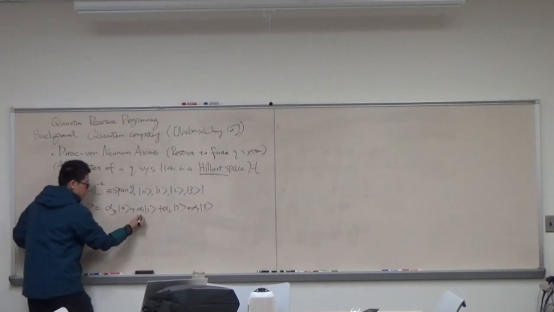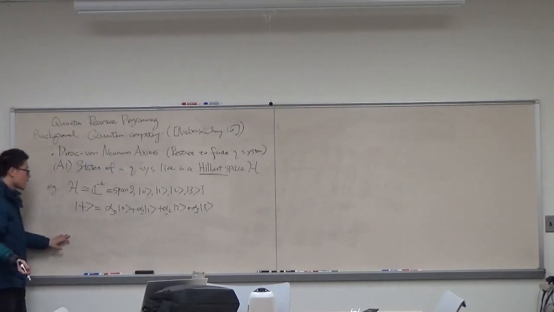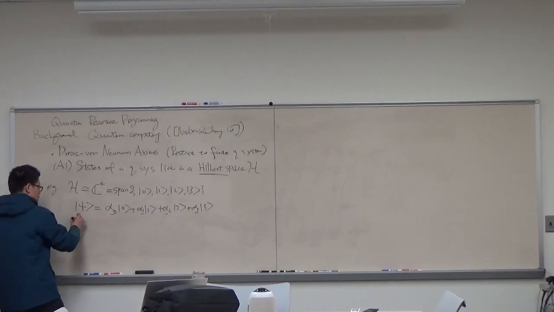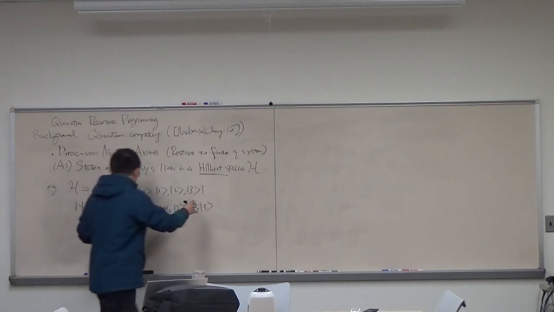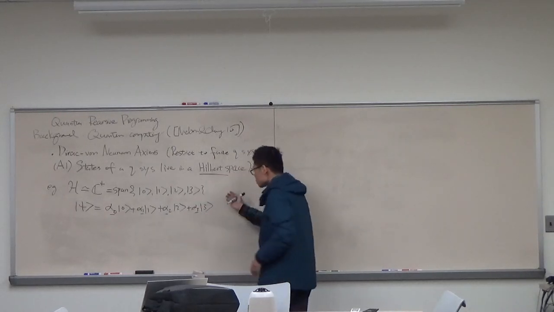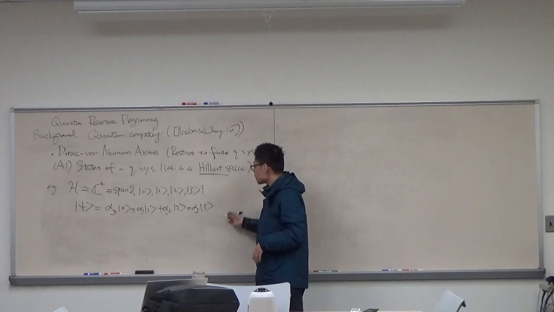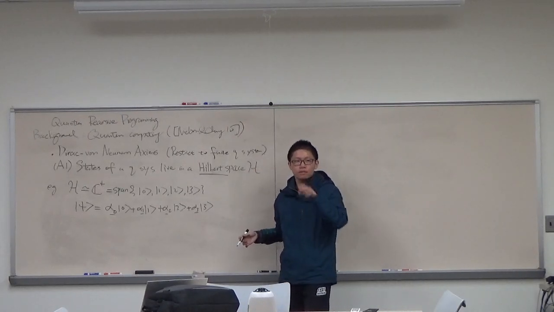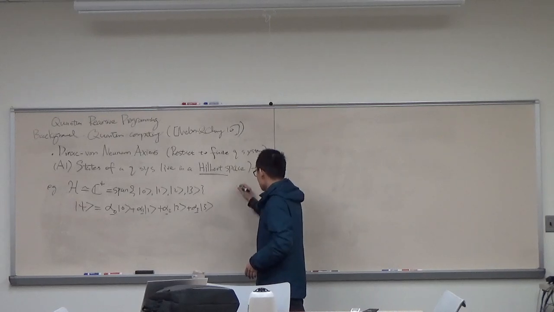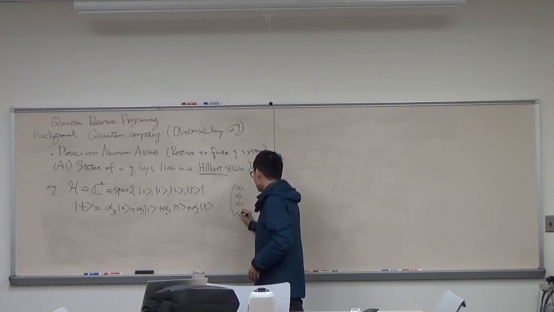And all of these coefficients are complex. And we can define the inner product. So this vector corresponds to a column vector. You can also write it as a matrix if you are more familiar with matrix arithmetic. So you can represent this vector in column vector form: alpha 0, alpha 1, alpha 2, alpha 3.